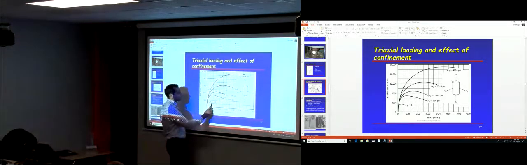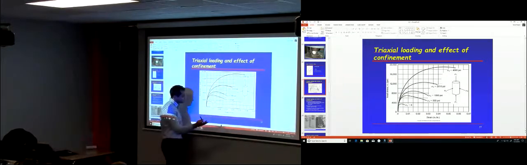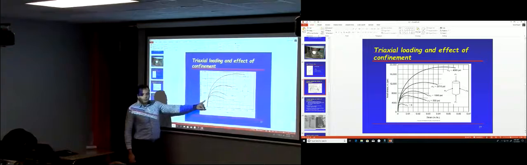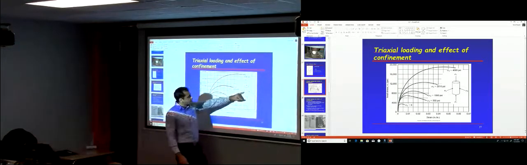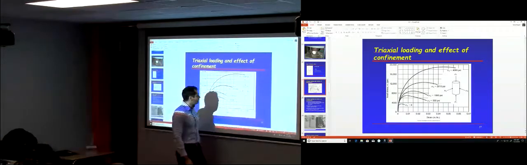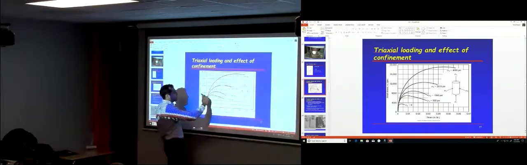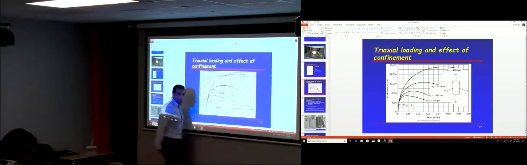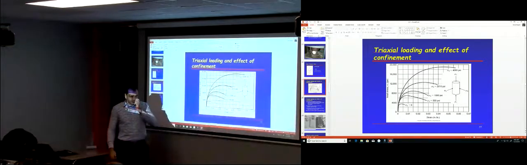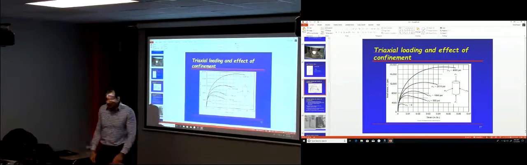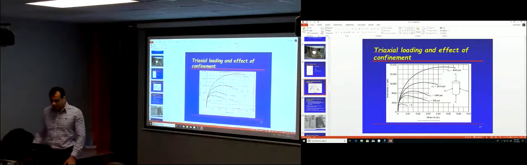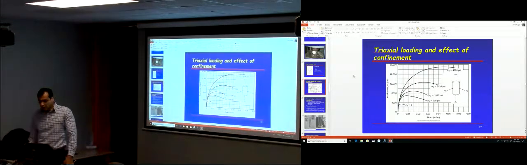So when there is no confining stress, let's say the Fc prime is around 4 ksi. When you increase the confining stress, Fc prime increases. The stress in the axial direction increases. Fc prime, the maximum stress that the concrete can resist in the axial direction, increases.